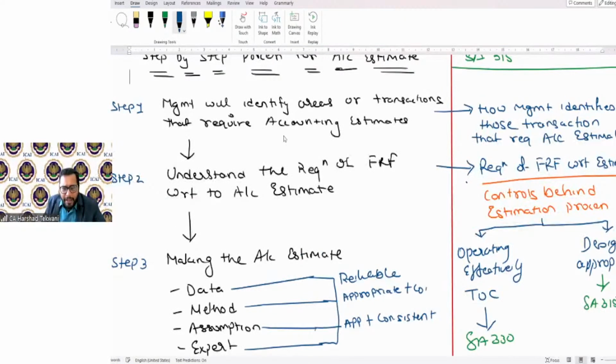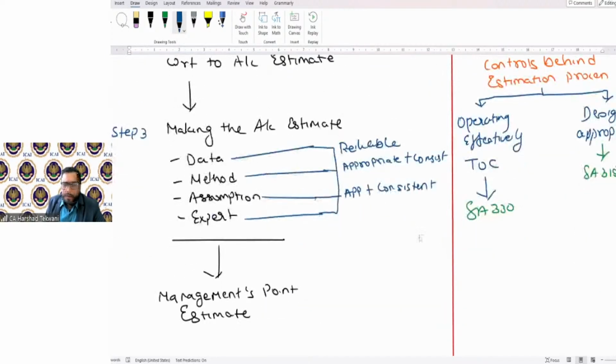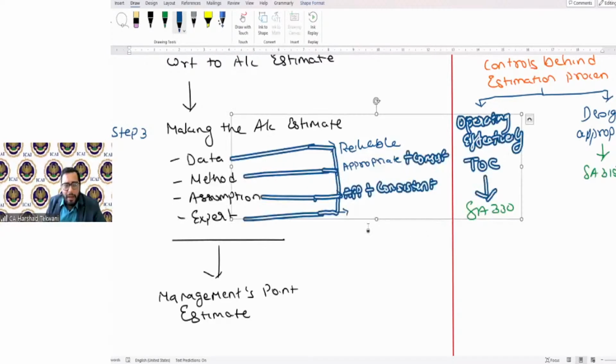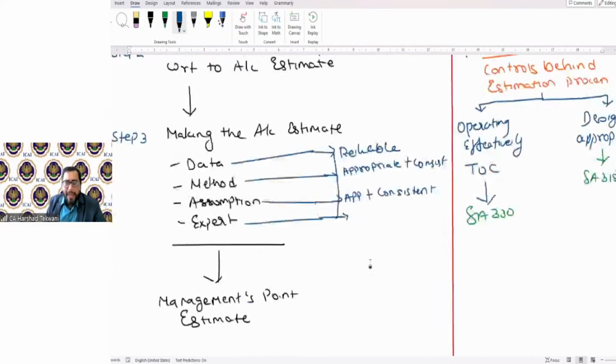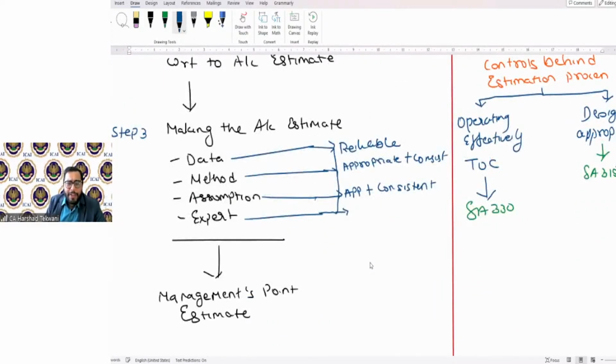For assumptions, I'll check whether the assumptions are appropriate plus consistent. Here also I'll check the consistency. Then for the expert, again, I will check whatever expert he has appointed. With respect to the expert, I'll check the reasonable skill, care, competency of that expert, and other factors.